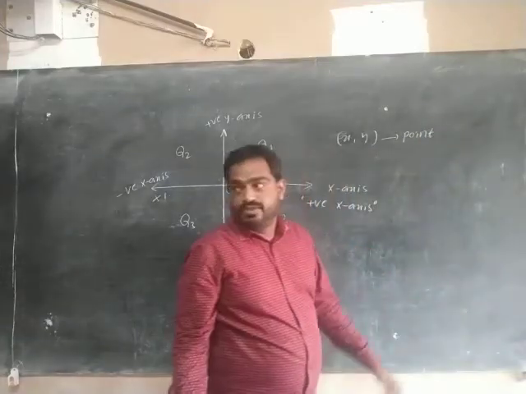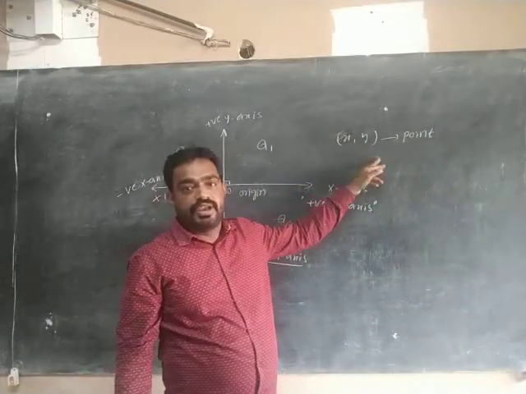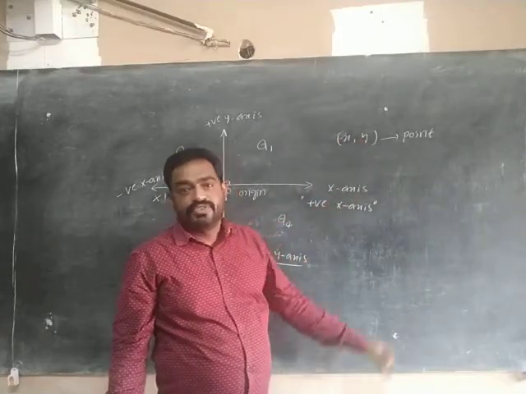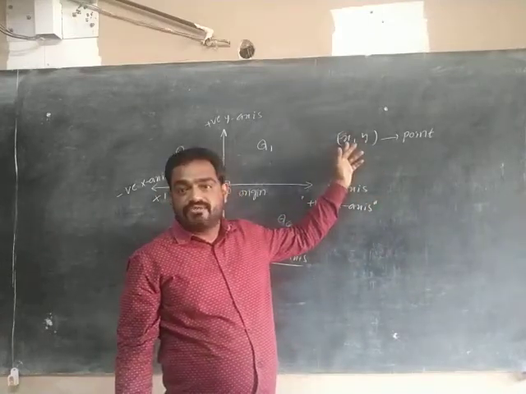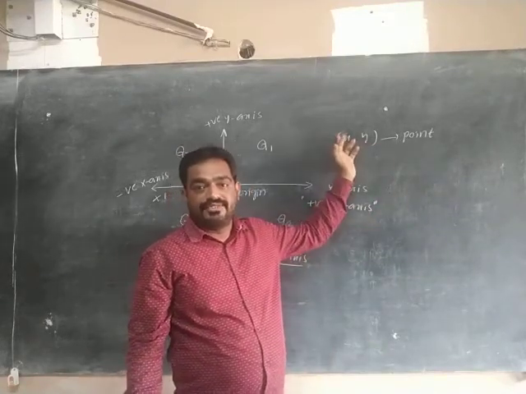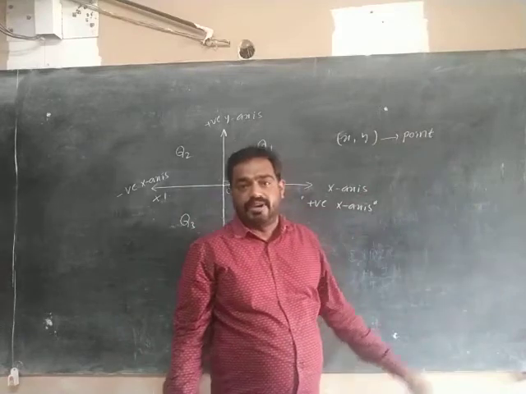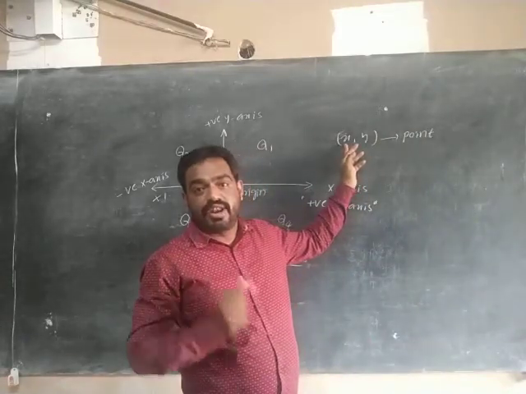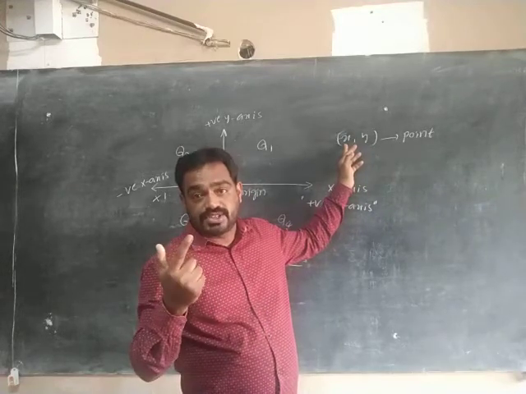Here in the ordered pair we have two elements, x and y. X is the first element, y is the second element. The first element is called the x coordinate.